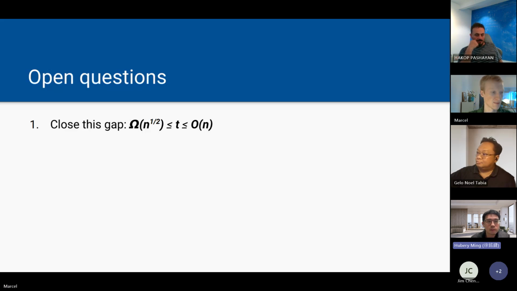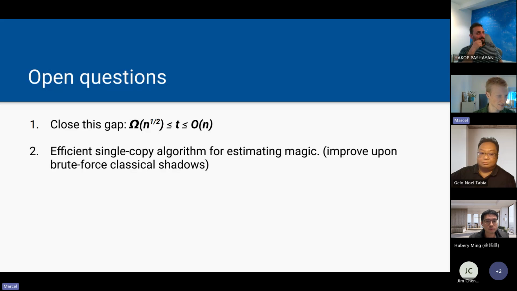Yeah, thanks for the question. I think probably I didn't explain this very well. Classical shadows are this very weird thing where the sample complexity of doing classical shadows with global Cliffords is very low for what you can achieve with it.